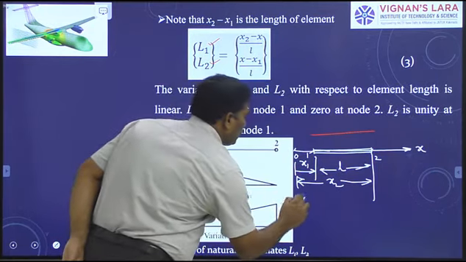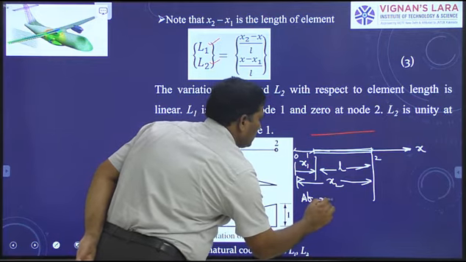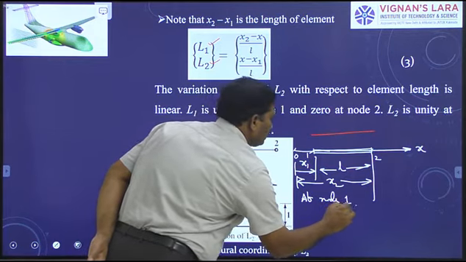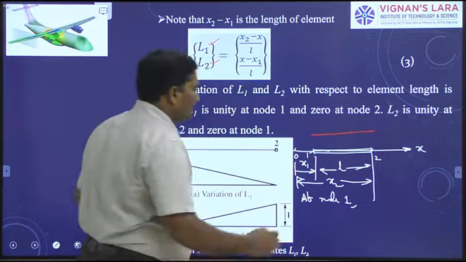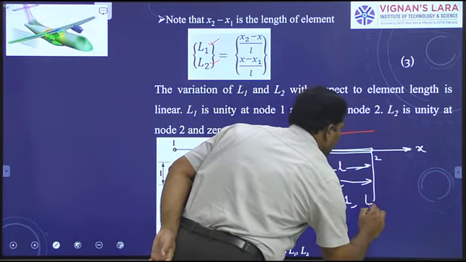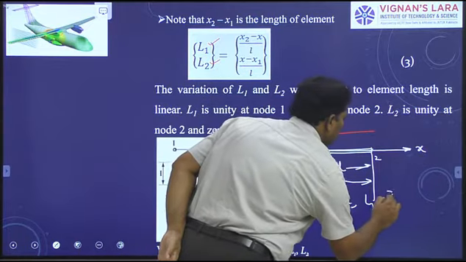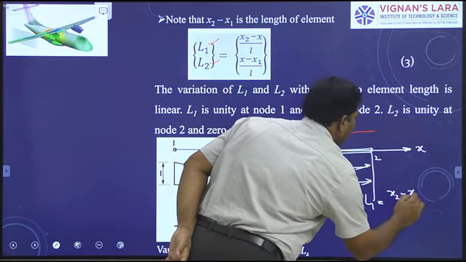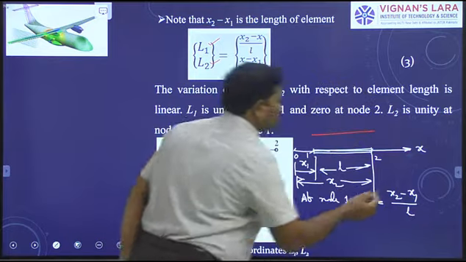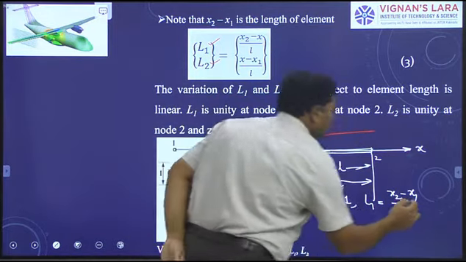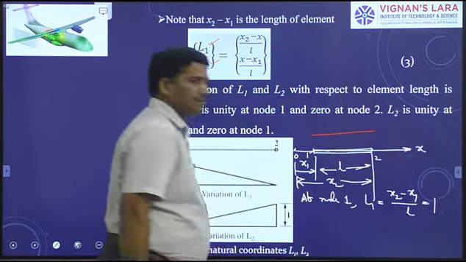Therefore, at node 1, L1 equals x2 minus x1 divided by L. x2 minus x1 is L, and L by L equals 1. That is what we understand.